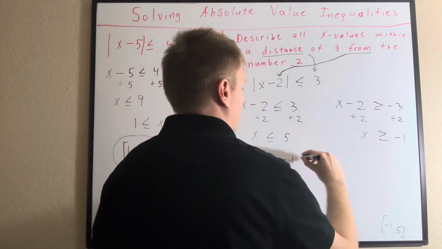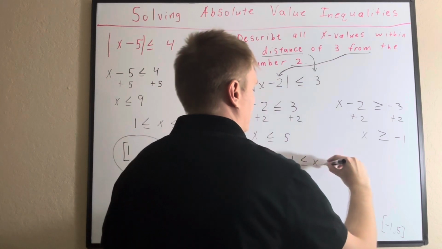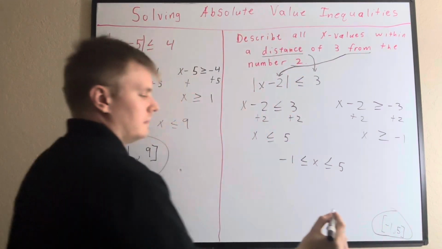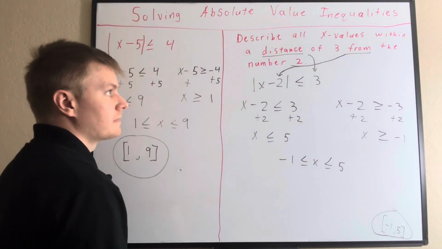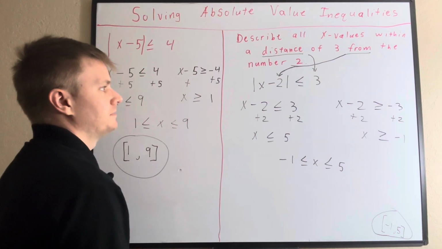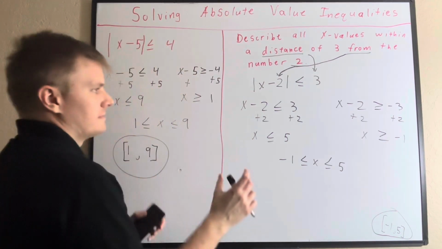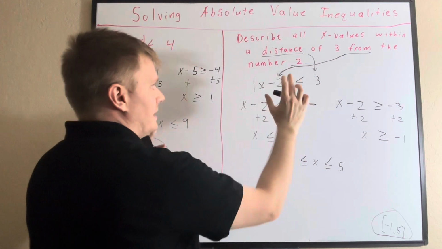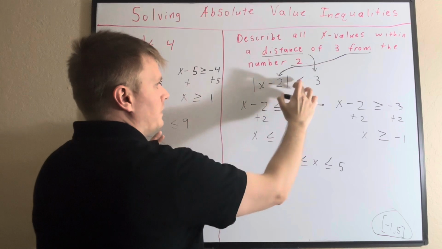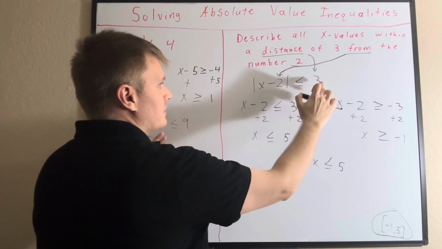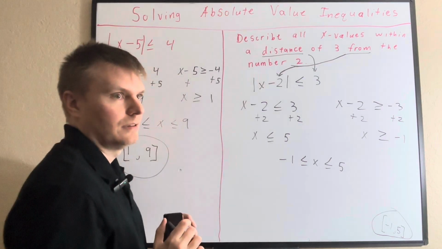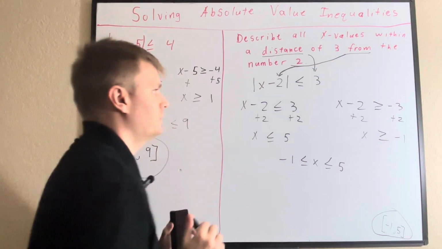That's right. Oh. So it's taking this number and it's including all the numbers that are a distance of 3 from that number. Wow. Just blew my mind.